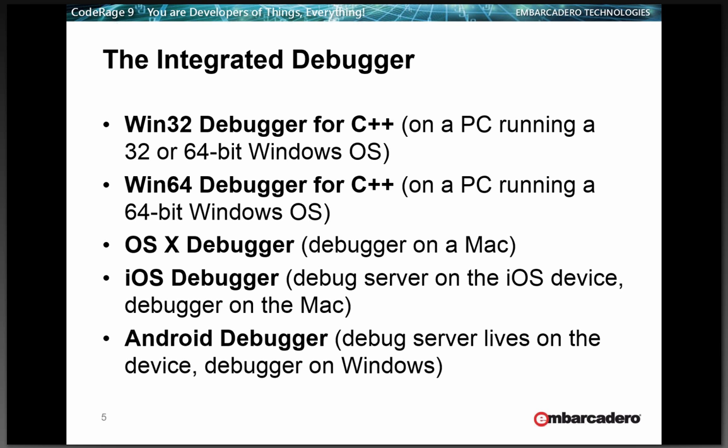Right. For OS 10, you'll need a Mac, and again, the debugging bits are installed. I think, Angel, you mentioned because of Xcode. Correct. Xcode tools and command line tools. Okay. And then for iOS, the IDE integrated debugging goes through from the PA client to the PA server, which connects to the debugging on the Mac.